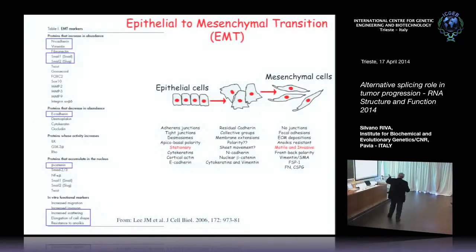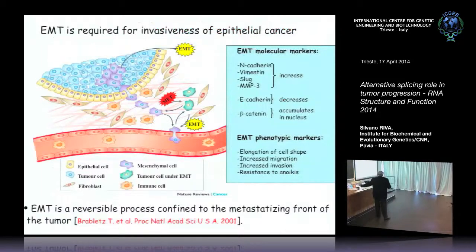The epithelial to mesenchymal transition is characterized by several features that I already mentioned. There are proteins and transcription factors that increase in abundance, proteins that decrease in abundance, proteins that accumulate in the nucleus, and so on. And this is what happens in a pictorial representation.